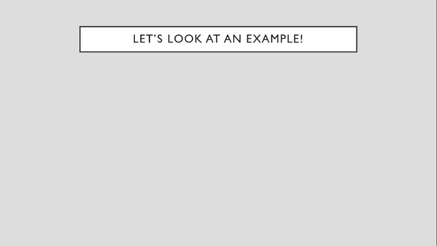Now, I want us to look at an example, and I'm going to use this example as a way to unpack the definition more and to think about what dependent clauses are and what independent clauses are in a little bit more of a specific way. Here is our example. I went to the store, comma, because I needed milk.